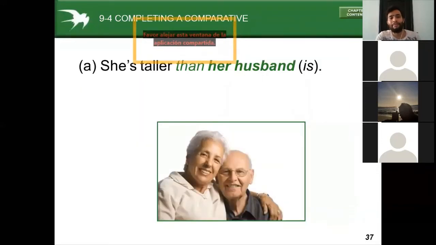This time we're going to speak about completing the comparative. Maybe this is something you are not used to using a lot, because whenever you use comparatives, you use the informal way, the form you have been taught since you started learning English.